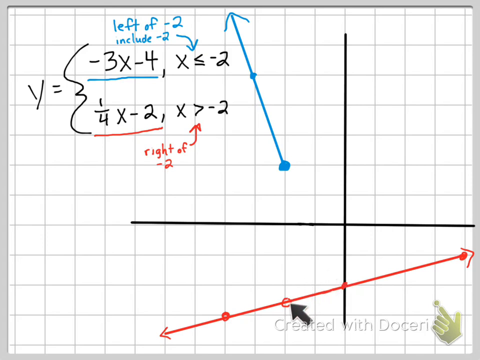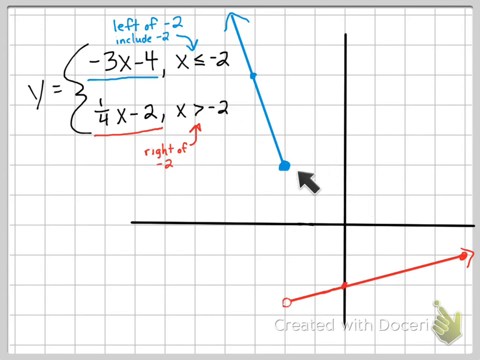So I circled it. Here's x is negative 2. I only keep what's to the right, so I'm going to erase everything to the left. And I'm going to make sure that I have a nice open point here because it's not included at negative 2. And this is this piecewise function.